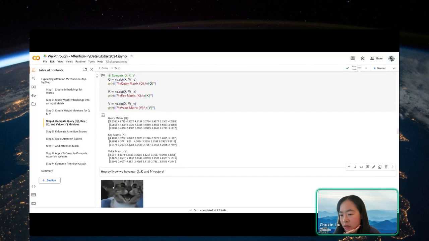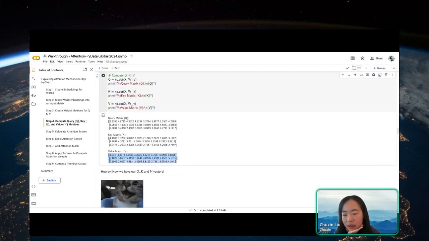The values seem too big to be used in neural nets. So the magic of neural nets is we have lots of parameters, right?